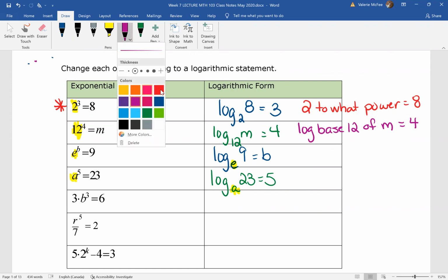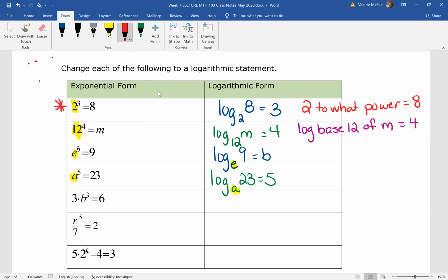But how many of you remembered what we said last week about log base e? We could also write this as the natural log of 9 equals b. So we took the log base e and wrote it as the natural log. That would be the better answer. That would be the correct answer here.